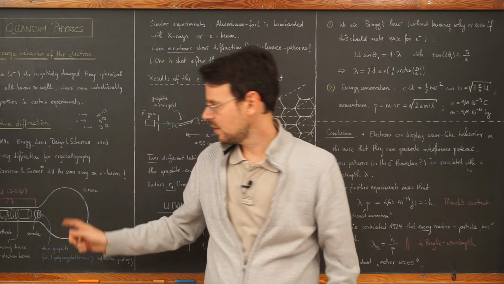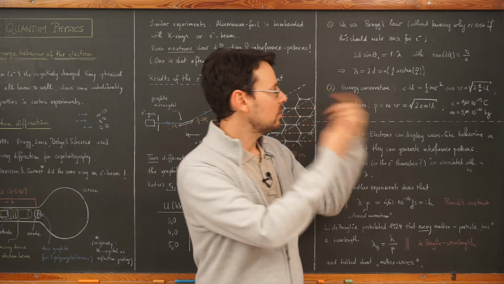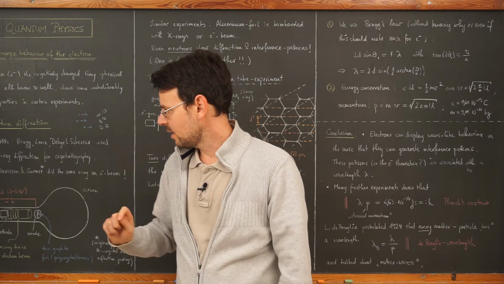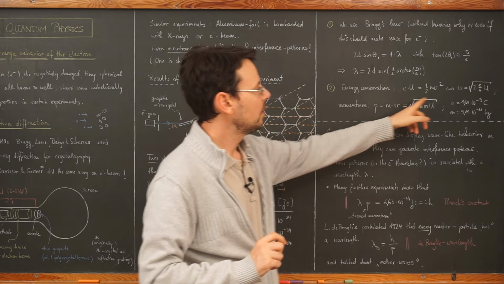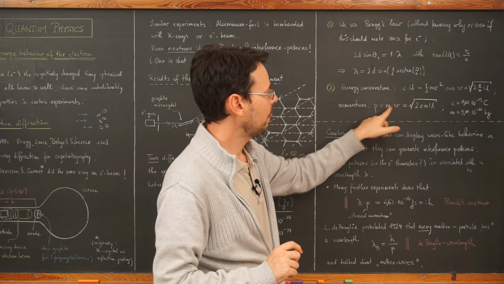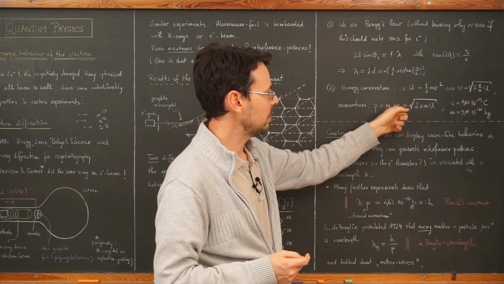Electrical potential energy of the electron here at the cathode gets completely transformed into kinetic energy when the electrons arrive at the anode. Then you get this velocity, and the momentum is m times this velocity, the mass of the electron.